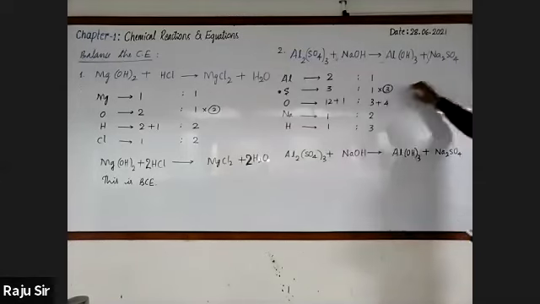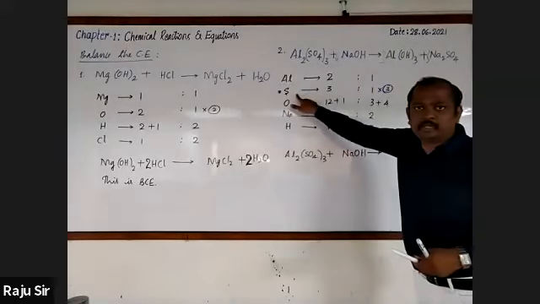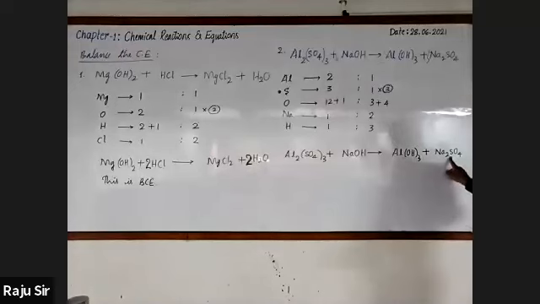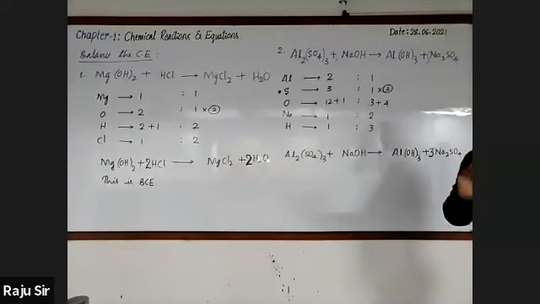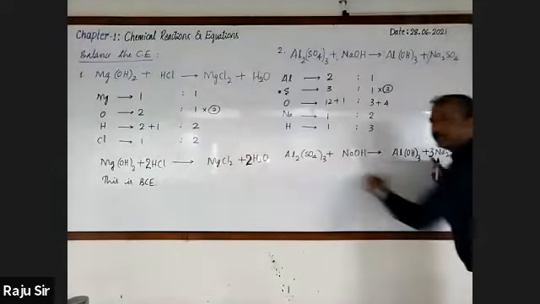Got it? Now, where the 3 has to be multiplied? On the reactant side, and it is corresponding to the element called sulfur. Here is sulfur. Hence, I go for multiplying 3. Got it? Okay. Now, see that sulfur, 3 atoms. Here, sulfur, 3 atoms.